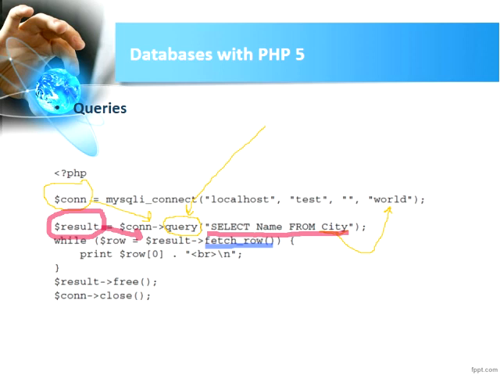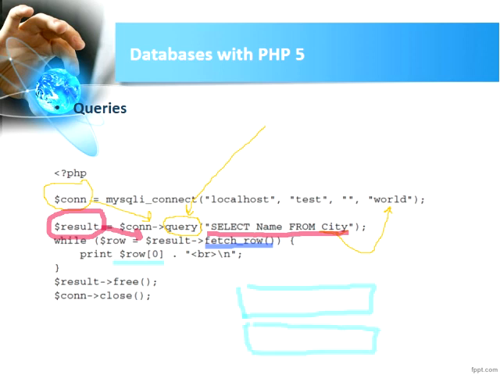So when we write while row equals result minus greater than fetch row, that means we will extract the result row by row. So here row 0, what represents row 0? When we write print row 0, yes, the first item, because here we have a row.